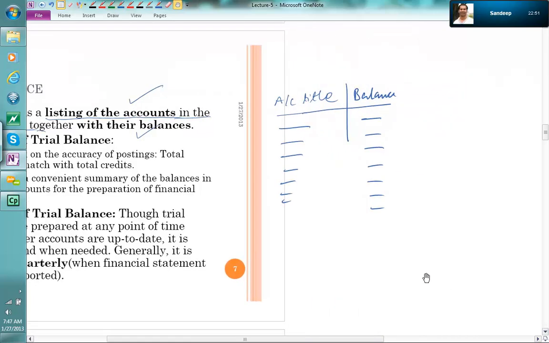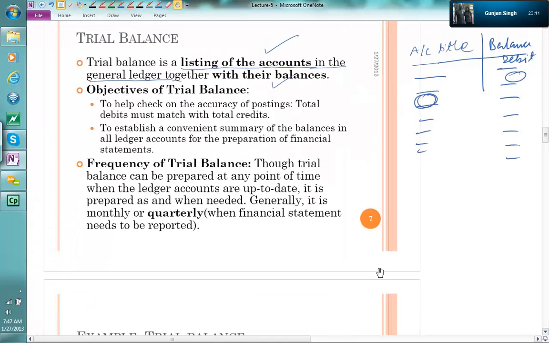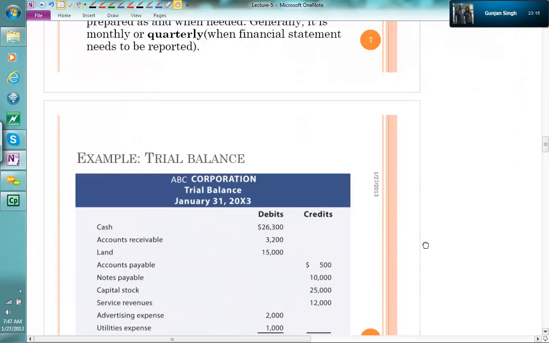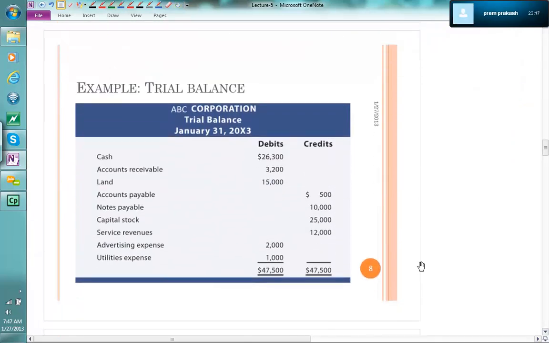And in balance you will have debit first, it is always the convention, debit and then after that credit. So if a particular account title is a debit balance account, you will see a debit balance, and if it has a credit balance, you will have a credit balance. Debit balance will be on the left. We will see the example on the next page, then we will get a better idea. So let's see one example before we discuss other points.